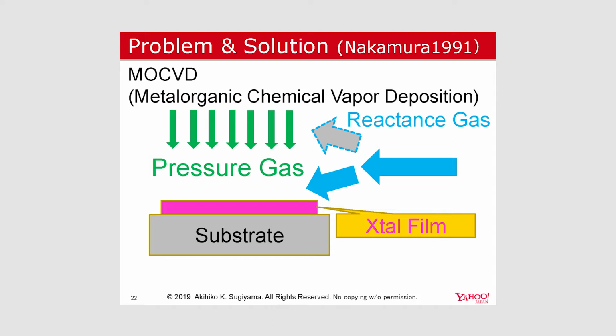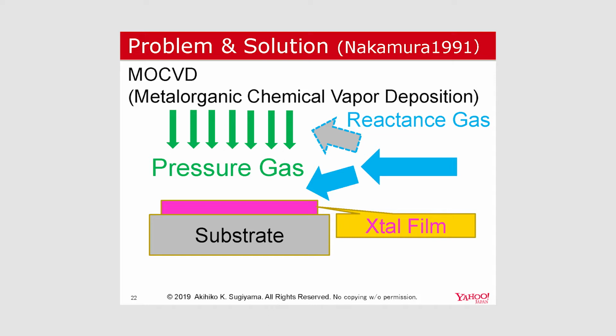Of course, this is a neutral gas and it doesn't do anything. It will simply press the gas from the top to the bottom so that the reactance gas sent into the reactor will not go up, but instead it is pressed down to the surface of the substrate so that it touches for sure without a delivery tube. The structure is much simpler than the previous idea with a delivery tube. So that's why this is better and it's worth Nobel Prize.